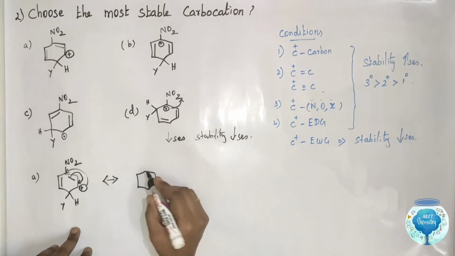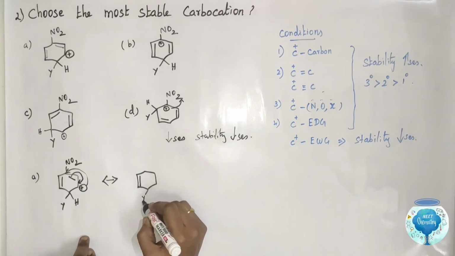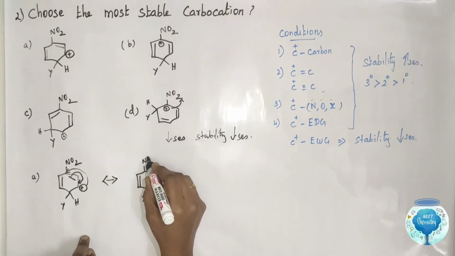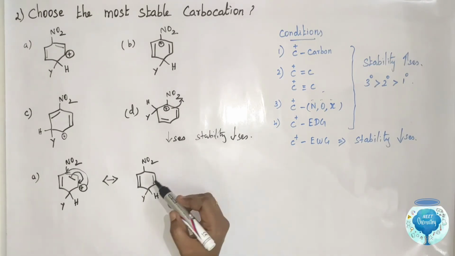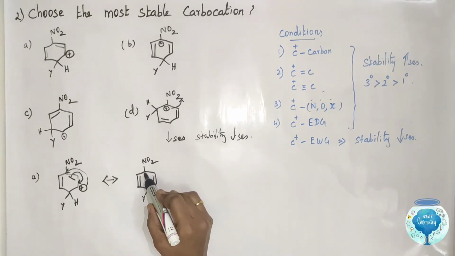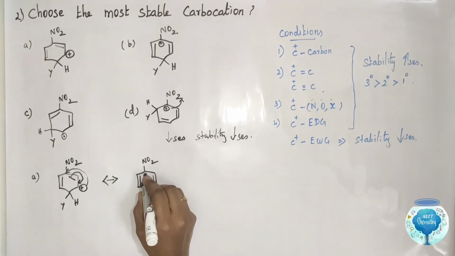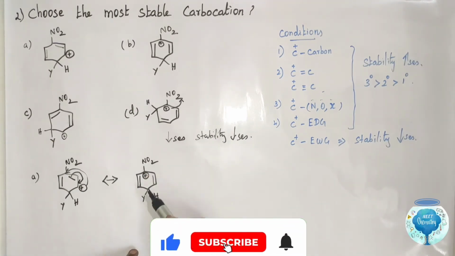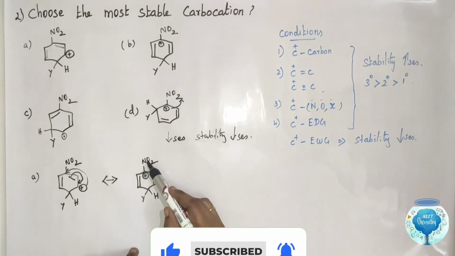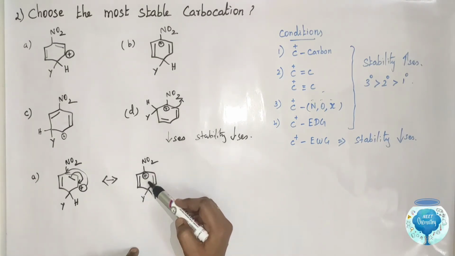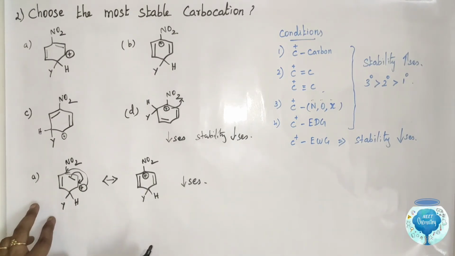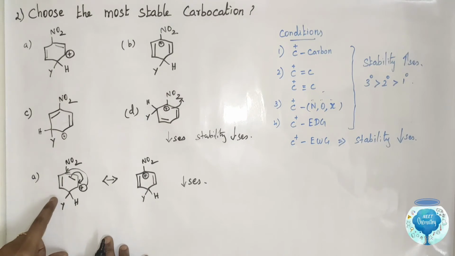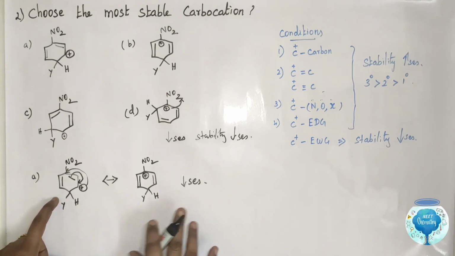So applying the resonance effect, with NO2, the electron shifts and the charge moves to this carbon. So this carbocation is attached with an electron withdrawing group like option D. So the charge of the carbocation increases, stability decreases. So option A, also applying the resonance effect, is less stable.